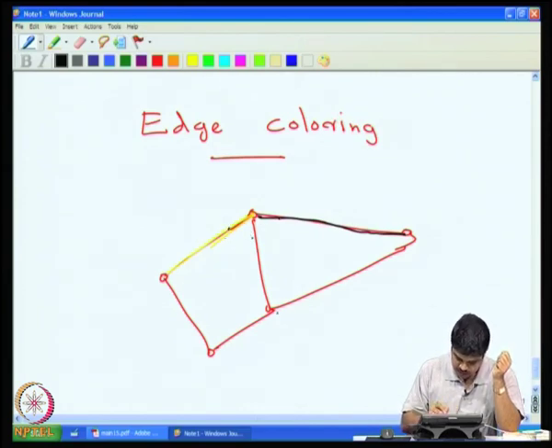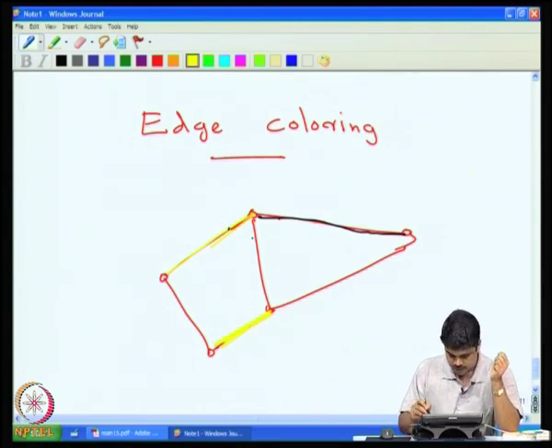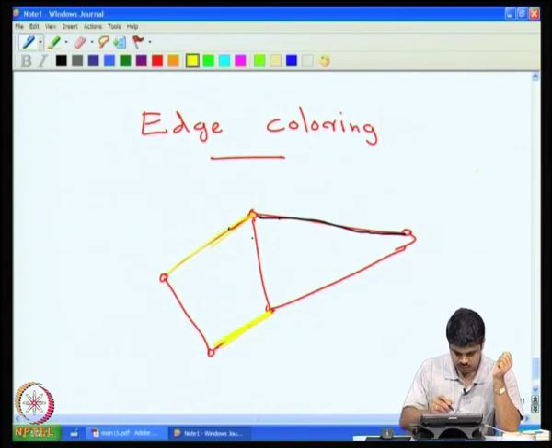Here is edge colored. Here what should I do? I can use, for instance, yellow color here, and then can I use the same black color here? No, you may have to use a different color here. I use three colors.